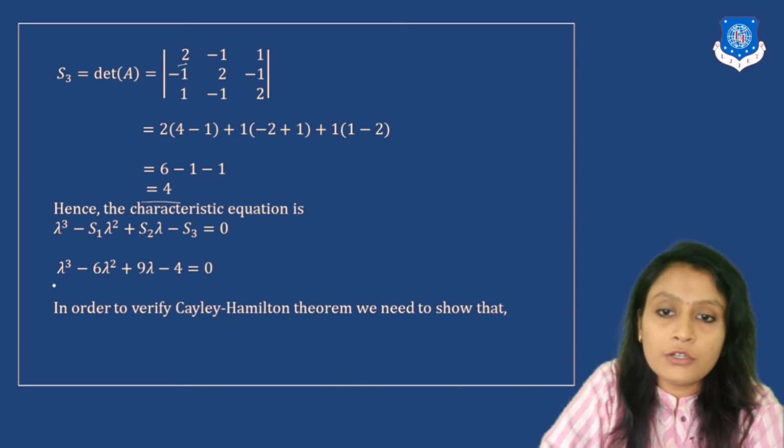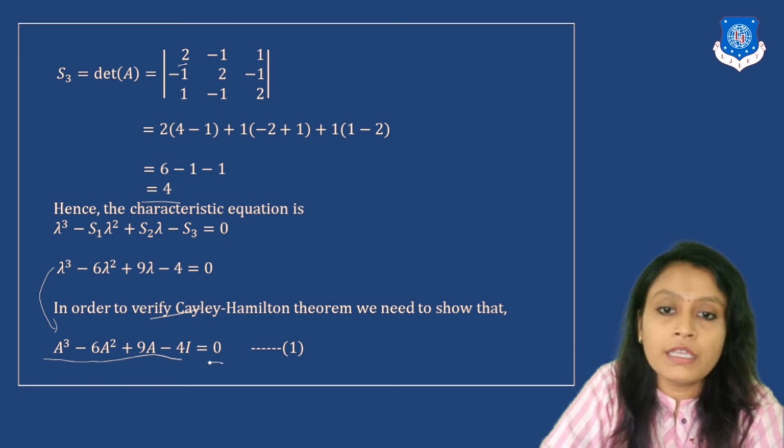Now we'll replace lambda by A, so you will get A cube minus 6A square plus 9A minus 4I. To verify the Cayley-Hamilton theorem, we have to solve this, and the answer should be 0. Then we can say that the Cayley-Hamilton theorem is verified.